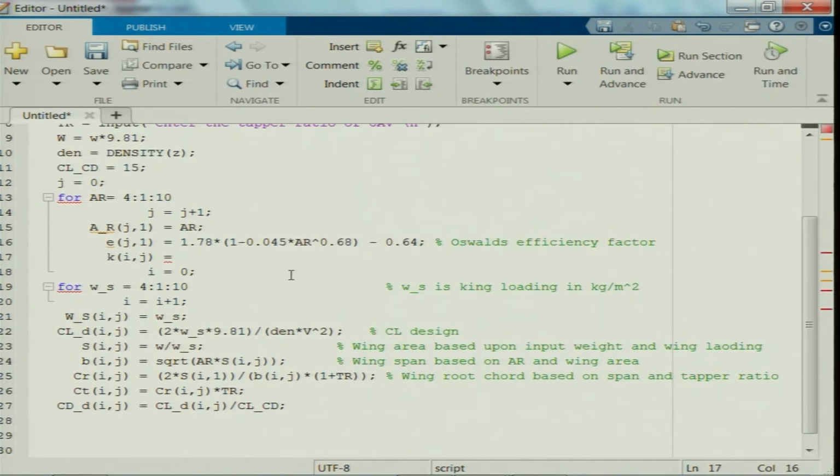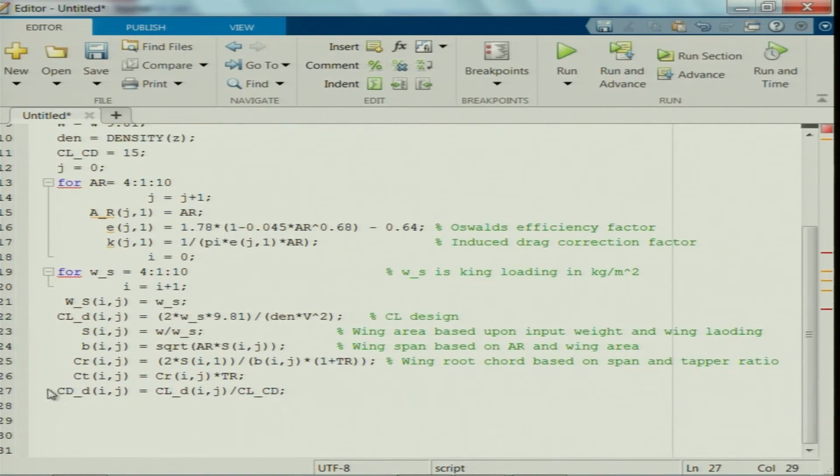So, K of j comma 1 should be 1 upon pi E AR. Okay. This is the induced drag correction factor.